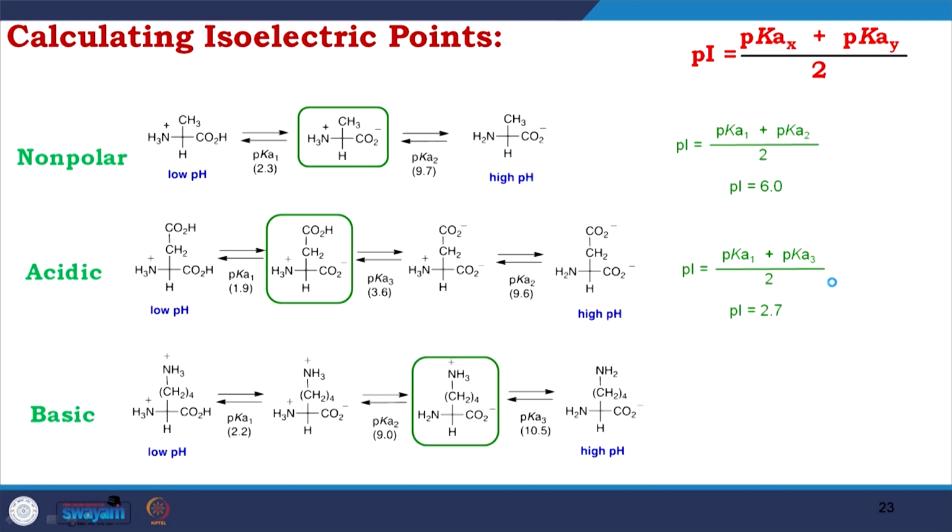For basic ones, which form positive ions at low pH because 2 NH2 become 2 NH3 plus, the formula is pK2 plus pK3 by 2. So, 9 plus 10.5, which is 19.5 by 2, is 9.75.